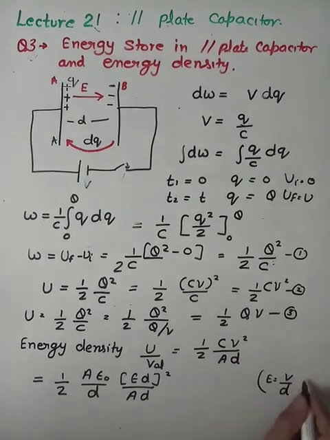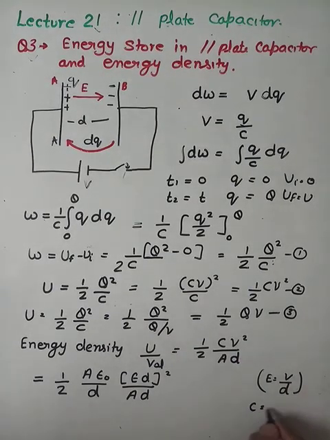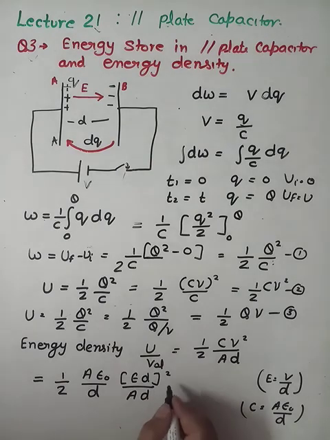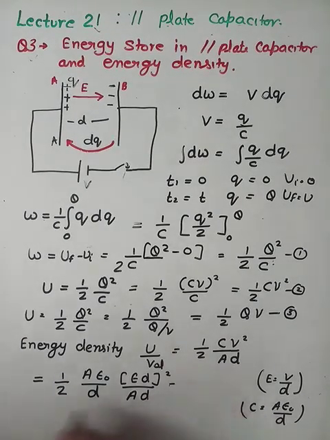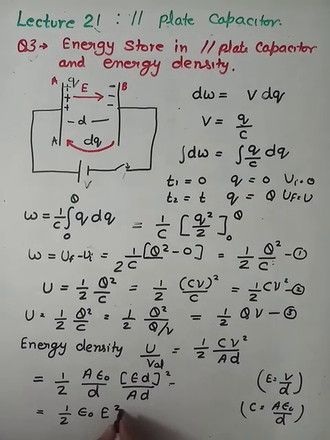We have written E equals V by D and C equals A epsilon naught upon D. Now on solving this, D square will cancel out, A and A will cancel out, and we get half epsilon naught E square.